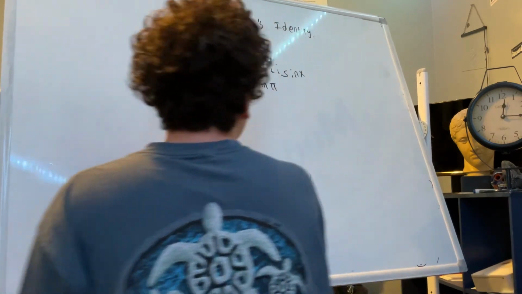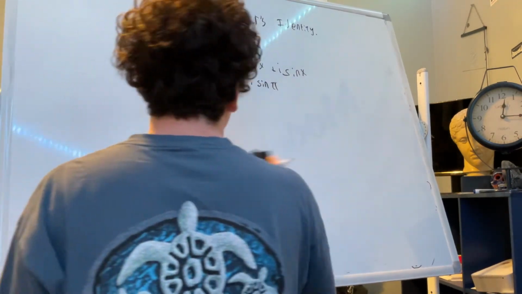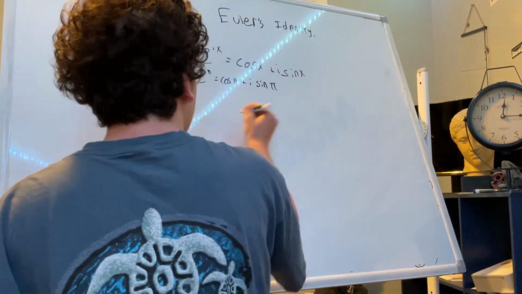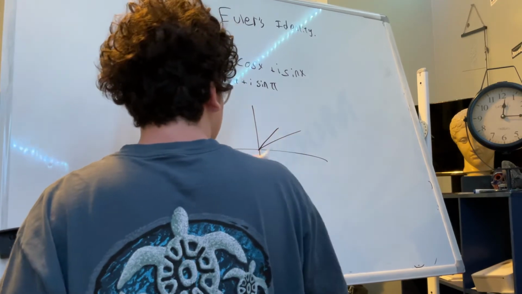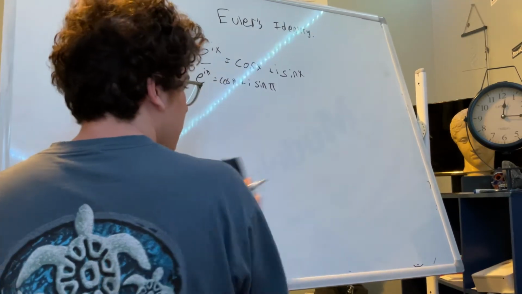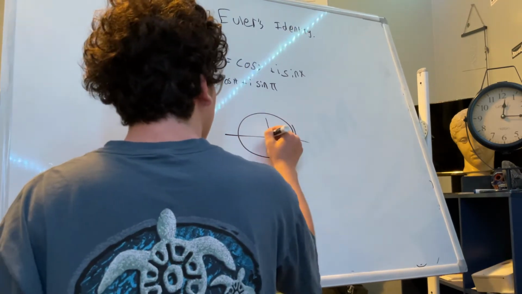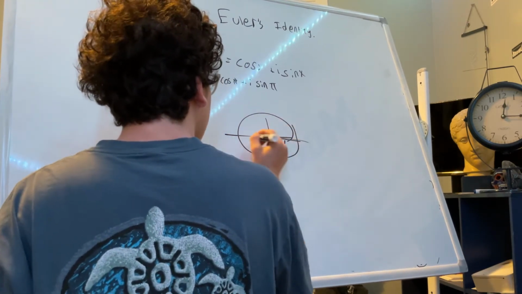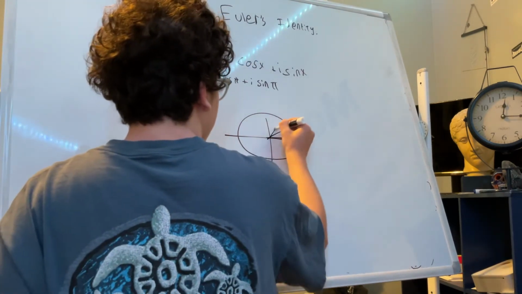And to all my viewers who might say, how do we know what sine of pi is without a calculator? I'm going to show you. If we created a circle, and we're going to call this the unit circle. Actually, let me draw the circle a little better. If we create the unit circle, this is a circle with radius 1, diameter 2, and it's going to be broken up into these 3 angles here.